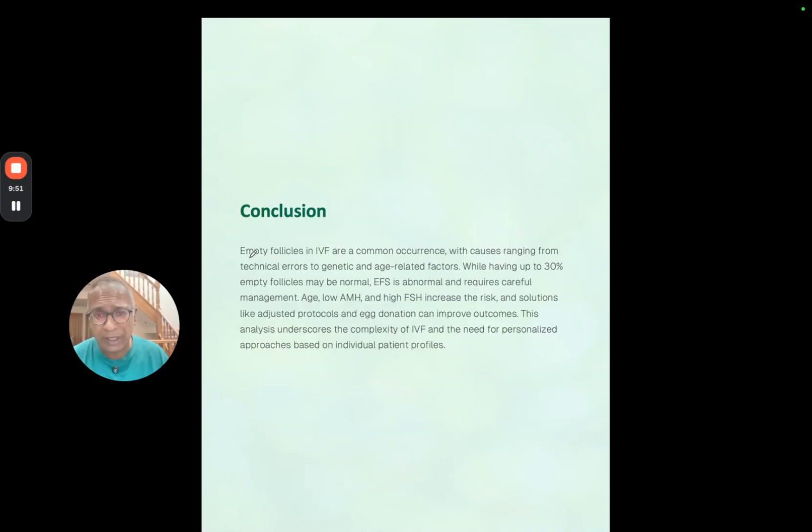In conclusion, empty follicles are a common occurrence, let's say about 30%. Empty follicle syndrome is abnormal and requires careful management. The indicators that tell you that you may hit empty follicle levels are advancing age, low AMH, and high FSH.